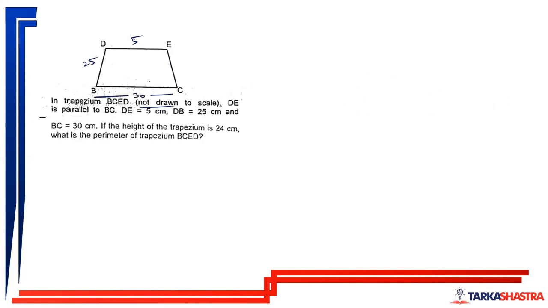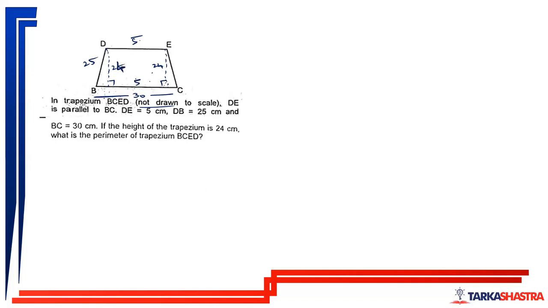If the height of the trapezium is 24, so if I draw a height, this will be 24. This will also be 24. So if this is 5, this will also be 5. Why? Because these are opposite sides of a rectangle. 24 opposite to 24, 5 opposite to 5.